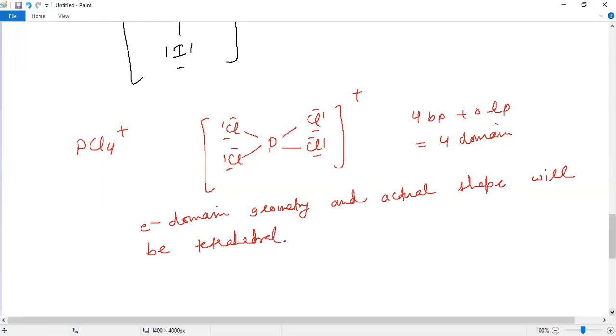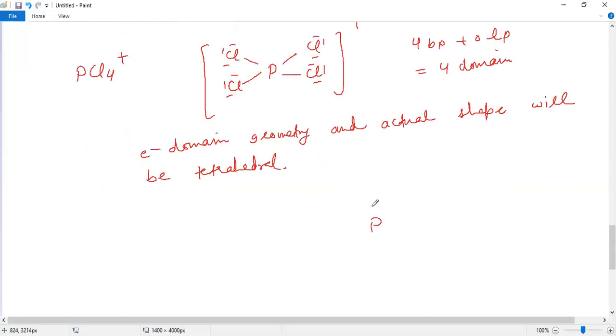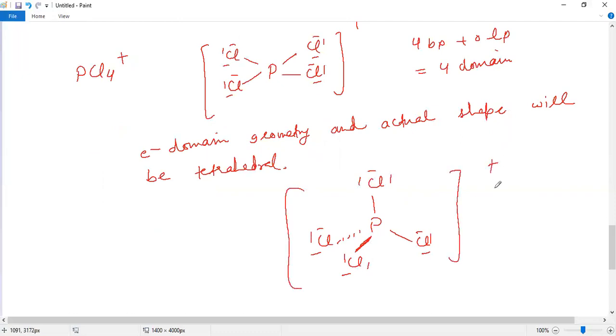Now we can draw this molecule in a regular tetrahedral manner.